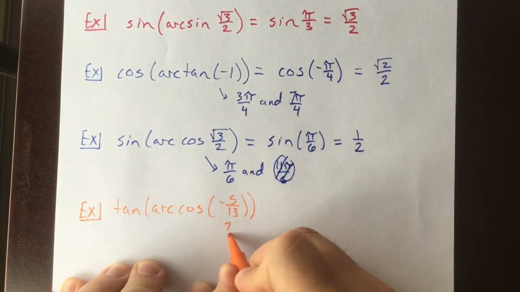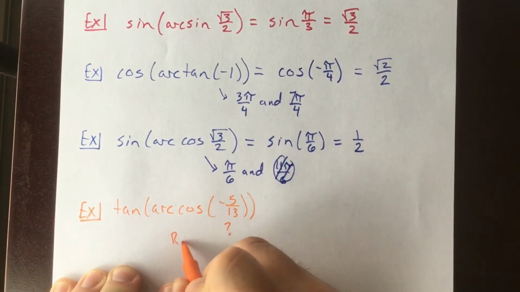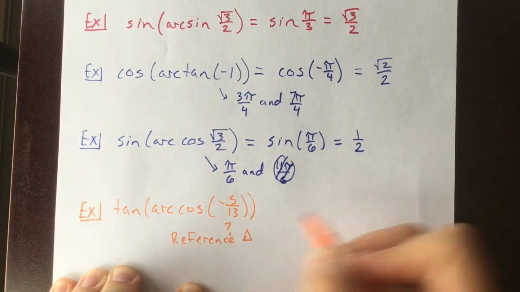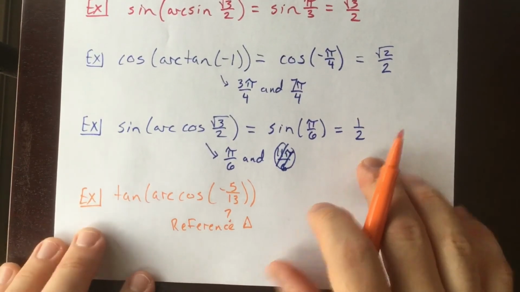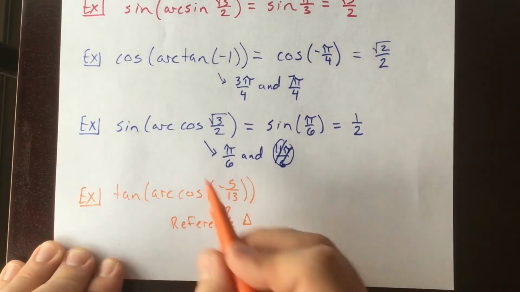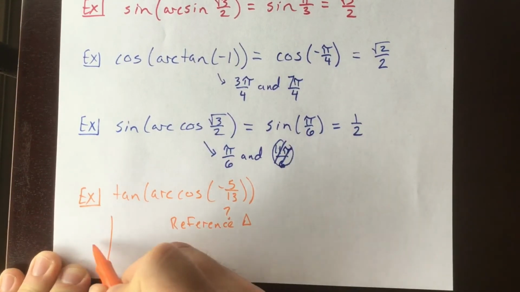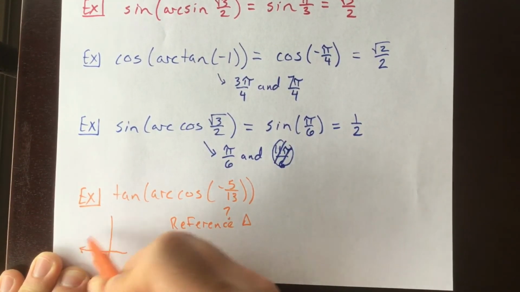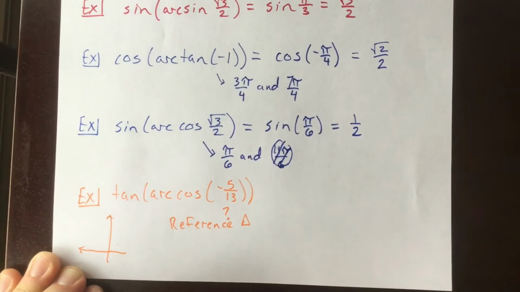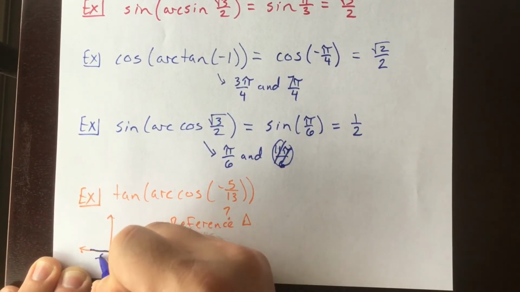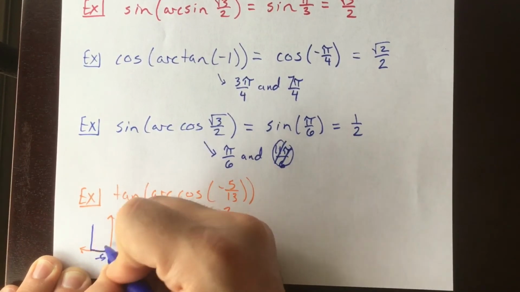So what do we do here? Let's draw a reference triangle. With -5 over 13 being cosine, that's going to be in the second quadrant. So -5, and then 13.